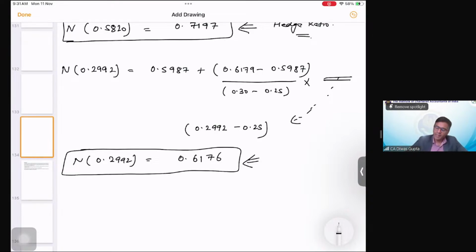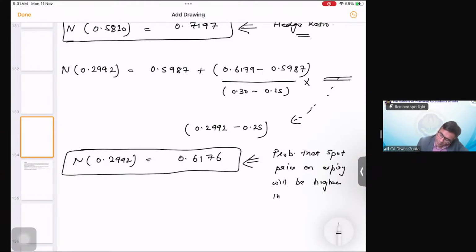It denotes the probability that the spot price on expiry will be higher than the strike price. Clear?